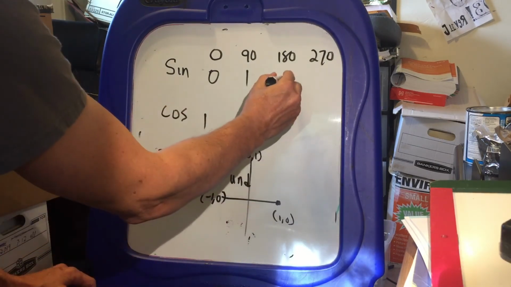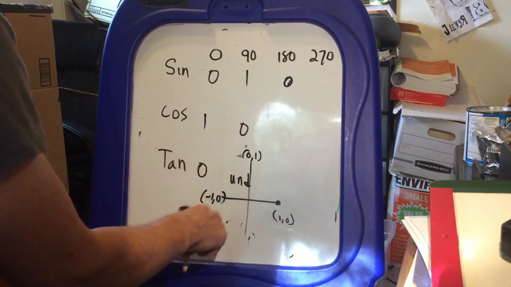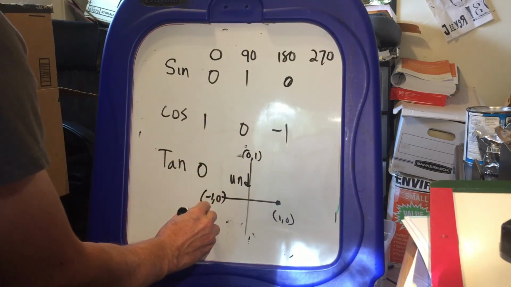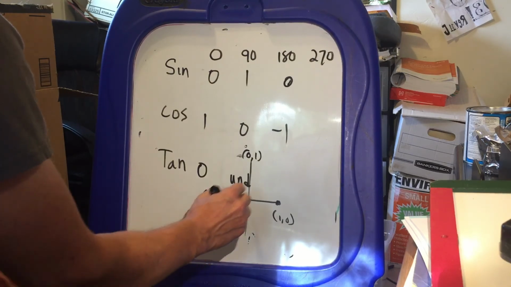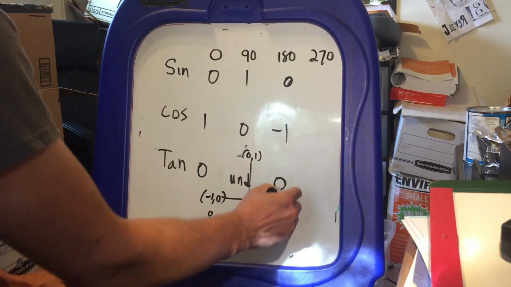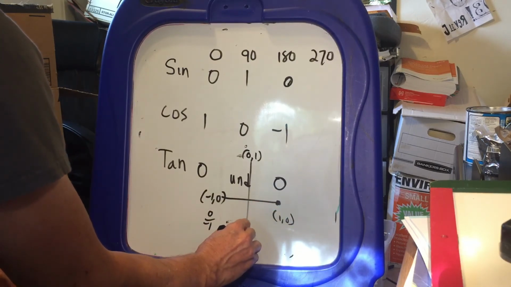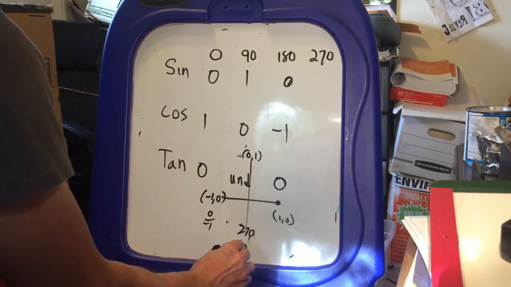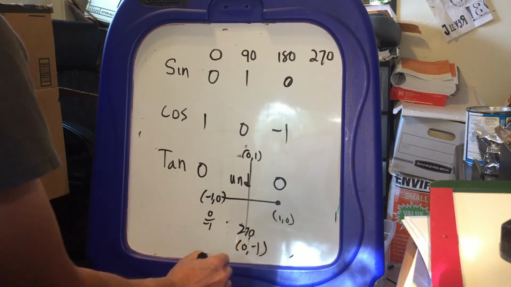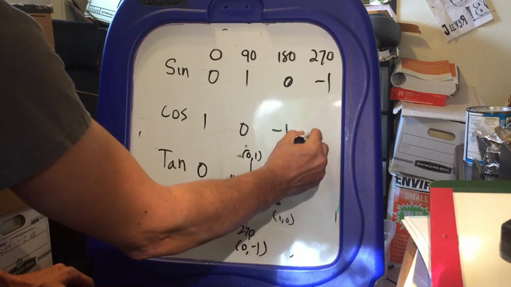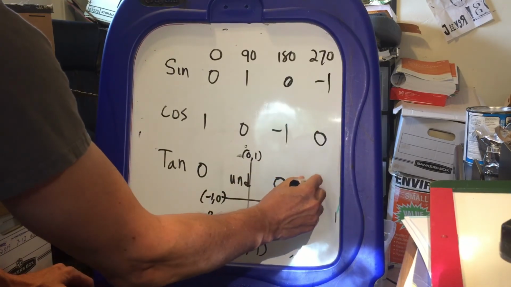The second number is 0. What's the cosine of 180? Negative 1. What's the tangent of 180? That would be 0 over negative 1. That's 0. What about 270? This coordinate is 0, negative 1. So the sine is negative 1. The cosine is 0. And the tangent would be undefined again.